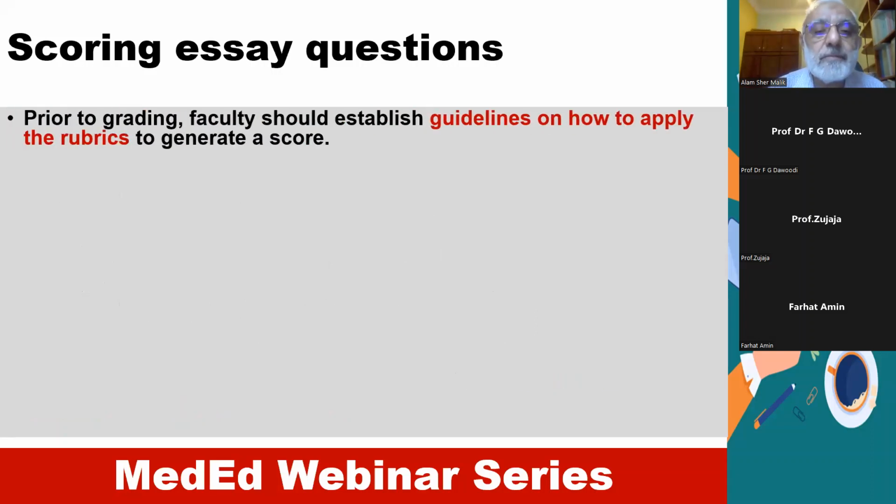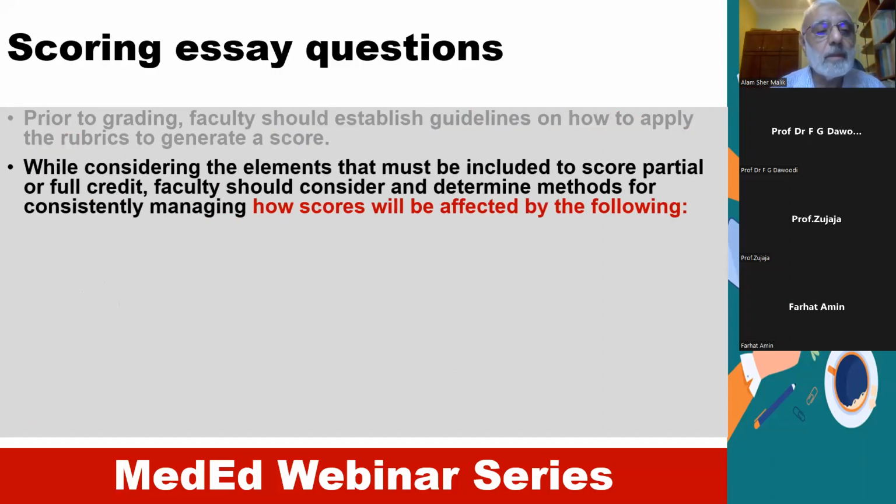Prior to grading, faculty should establish guidelines on how to apply the rubrics to generate a score. While considering the elements that must be included to score partial or full credit, faculty should consider and determine methods for consistently managing how scores will be affected by the following situations.